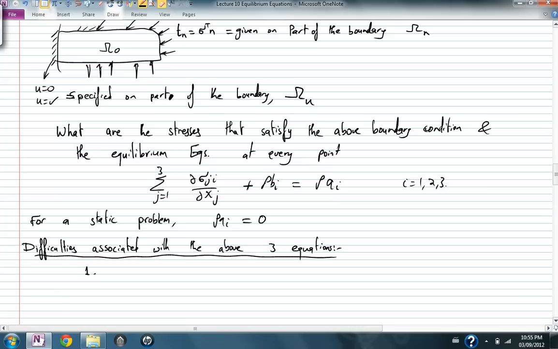One, the boundary conditions are given in terms of the displacement. Some boundary conditions are given in terms of u, but u does not appear in the equations itself.